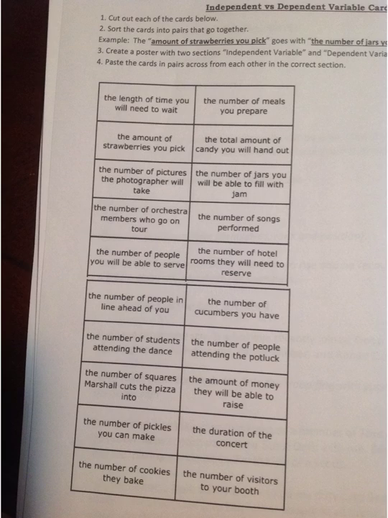And on the third sheet, so back to here, you'll see that the number of strawberries you pick will go with the number of jars you will be able to fill with jam. So the number of jars you will be able to fill with jam depends on the amount of strawberries you pick. So this would be your dependent, and this would be your independent.